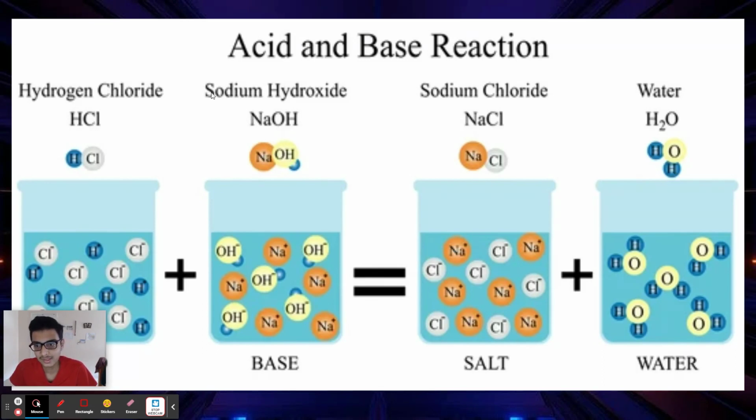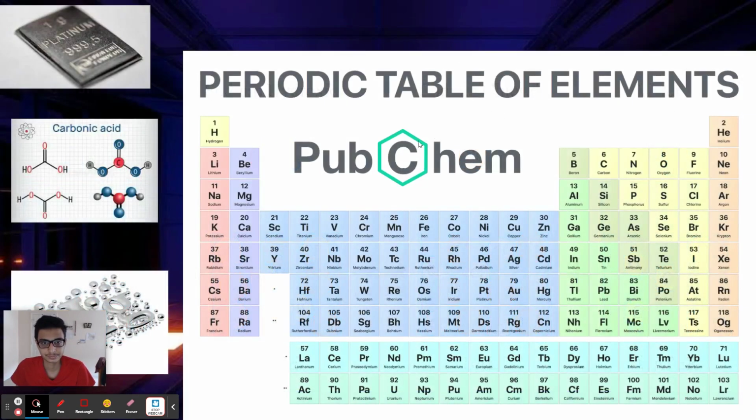This is also known as an acid-base reaction, and when an acid is added to a base, it will form a salt and water, and the total pH will go from 2 and 12 to 0 and 7. So these are just going to form a neutral reaction.